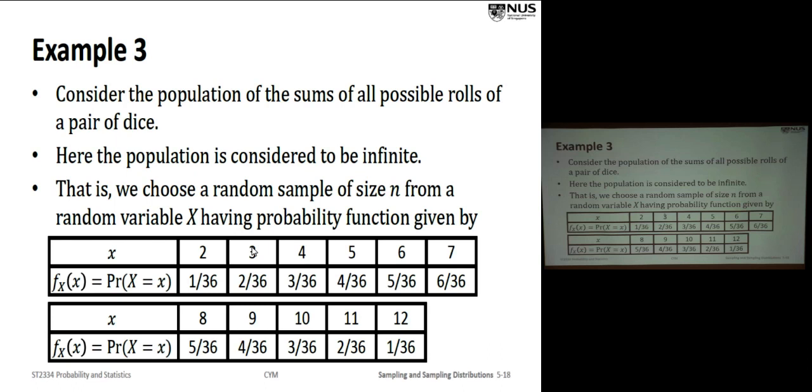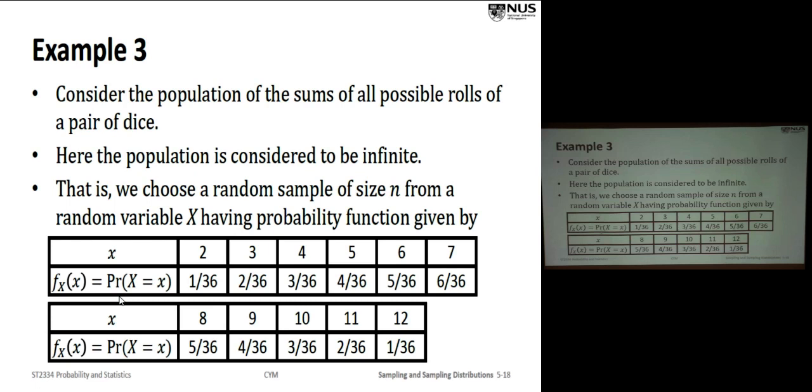Okay, so now we want to choose a random sample of size n from a random variable X. We have this infinite sequence, and we're going to take a subset of that sequence, which is of finite length. Each random variable in this sequence has the following probability mass function. This is a fair die. I can get a 1 with probability 1/6.